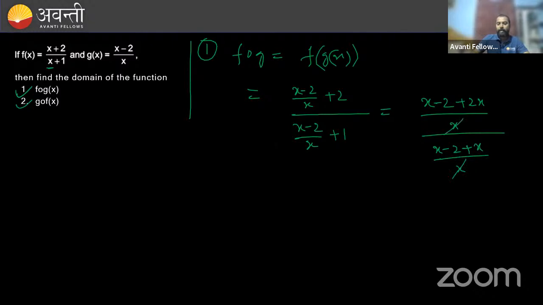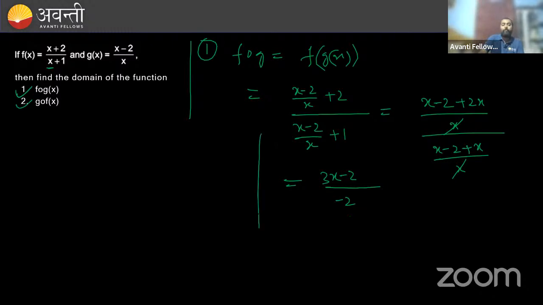So x will be cancelled out. What are you getting? So this will be (x minus 2) divided by (x minus 2) divided by minus 2. Is it or not? Okay, this is 3x. 3x minus 2 divided by minus 2 you are getting. So we got fog as (3x minus 2) divided by minus 2.